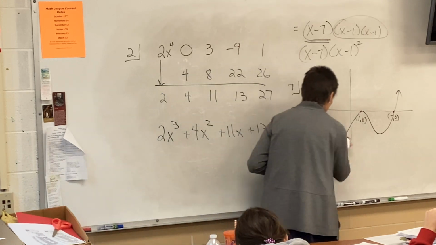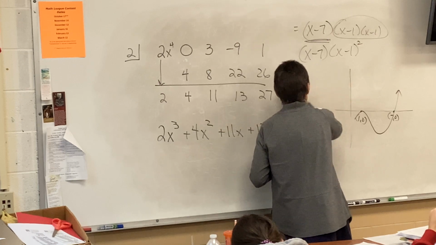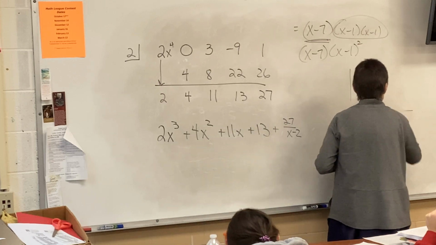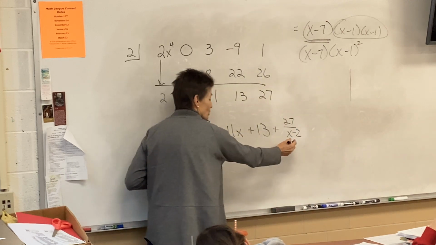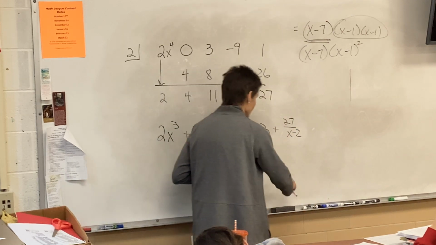All right, go ahead and try B. And see if you can write your answer like this. Write your quotient out just like this when you're all done with the division.